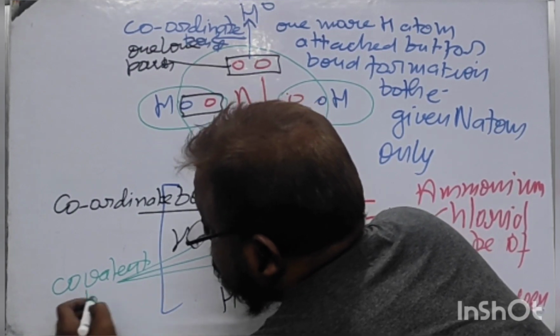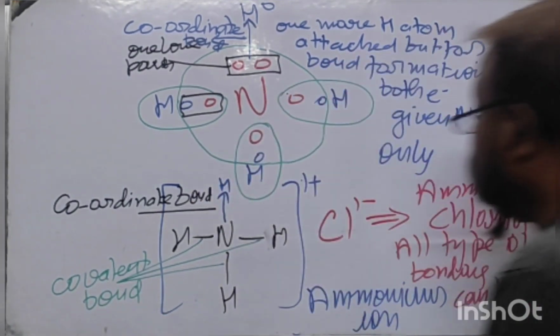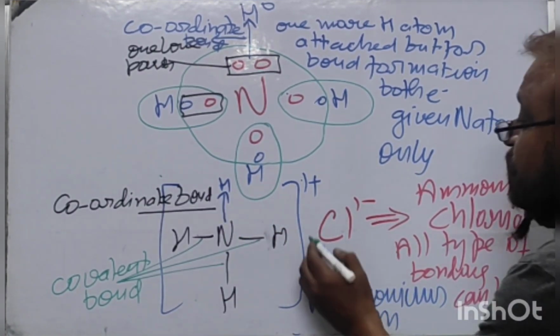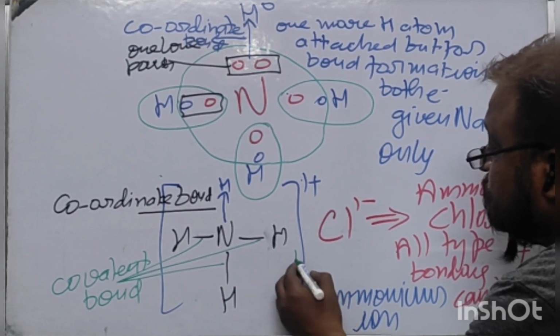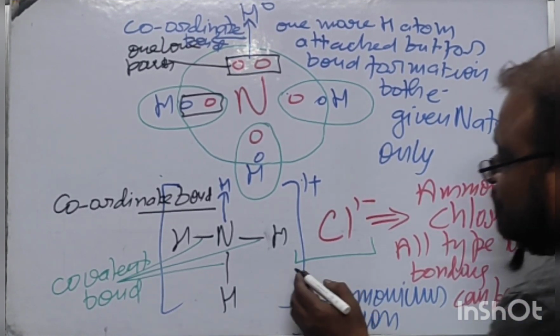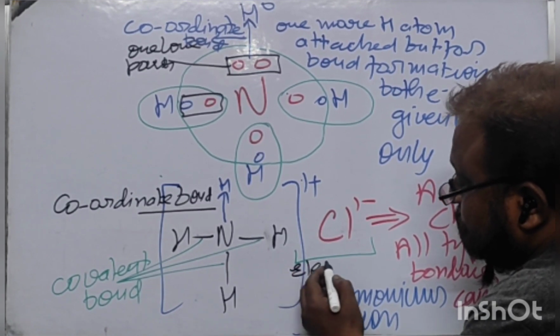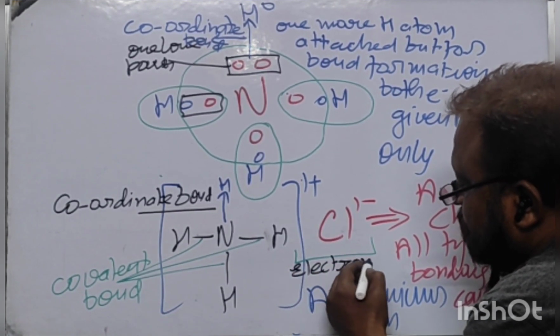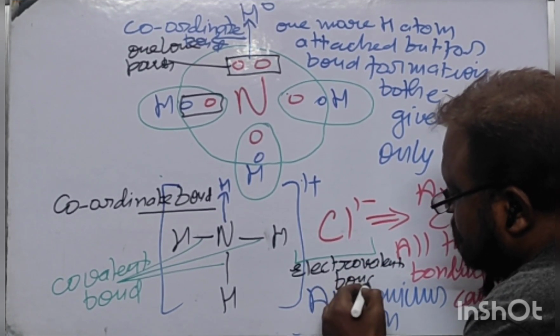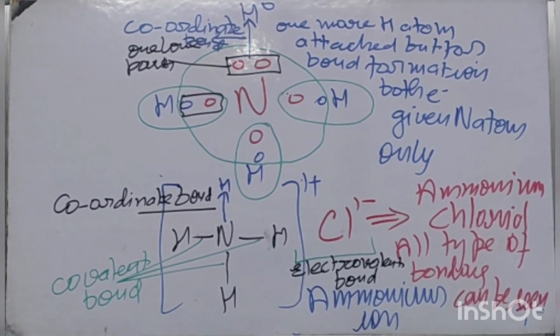And between this plus and minus there is an electrovalent bond. So you can see all types of bonding in ammonium chloride.